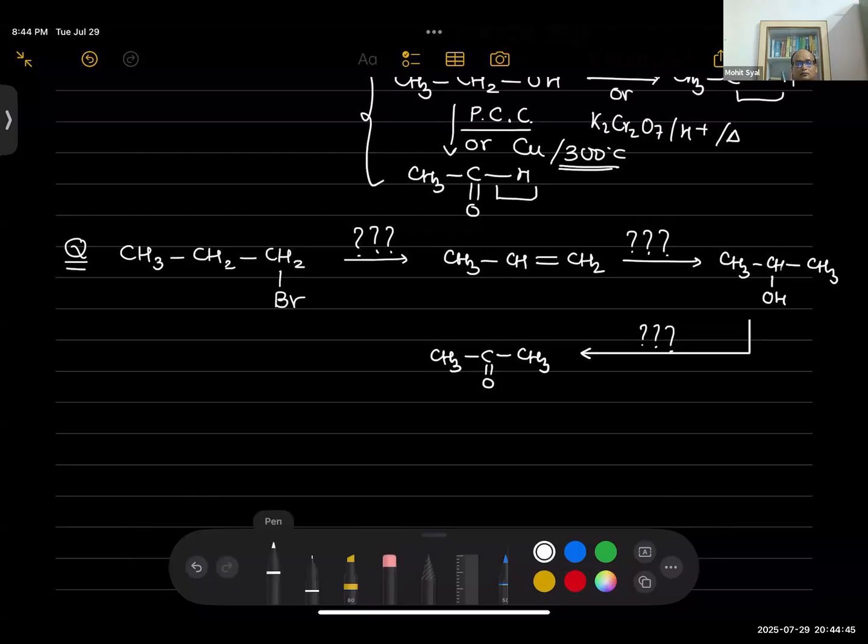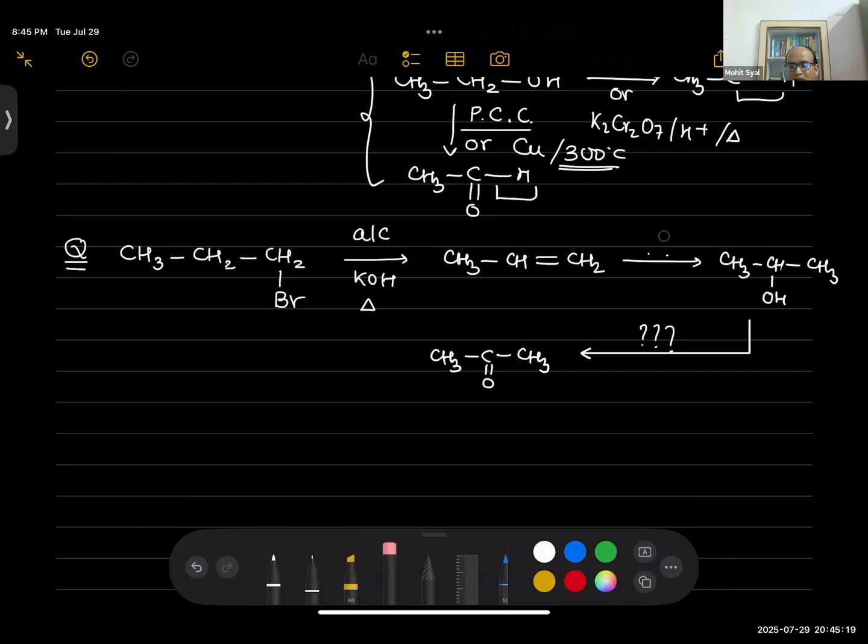What have we done? We have removed HBr, right? I hope all of you can see it. Once we have removed HBr, that can be done by taking alcoholic KOH and heat, that is an elimination reaction. Is it clear? Aqueous KOH substitutes Br with OH, and alcoholic KOH is used to do the elimination.